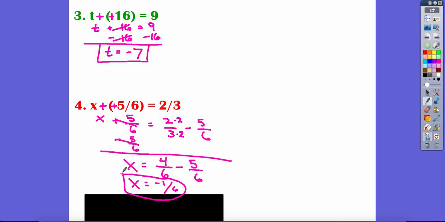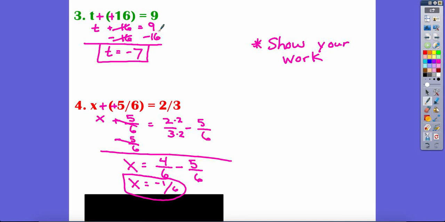The other thing that I would like to point out here is as you start to do your assignments, I want to make sure that you are in tune with showing your work. And as you have noticed on each of these problems, I'll go back here to number 3. I went ahead and fixed any signs that I might have needed to. I rewrote it, and then notice how I wrote down what I was canceling out on both sides of, or in this case, the left side of my equation, and then I knew what I needed to subtract.